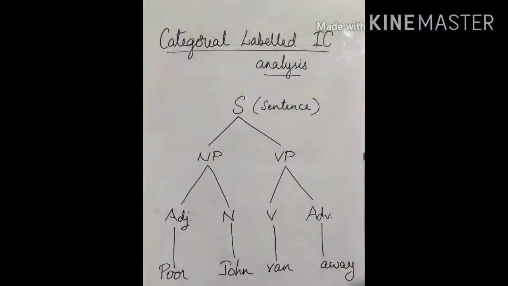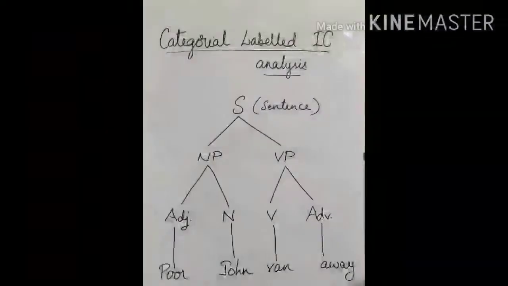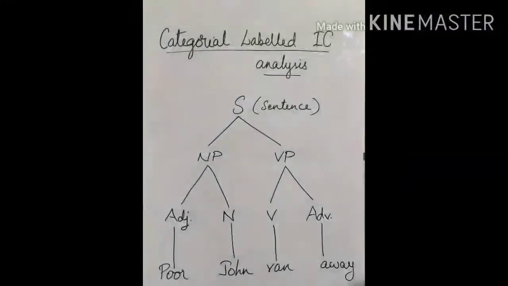In the sentence poor John ran away, the noun phrase poor John is divided into categories poor, that is adjective, and John, that is noun. And verb phrase ran away is divided into categories verb, ran, and adverb away. Thus we can say that these labels are categorial, indicating the category to which each constituent belongs.